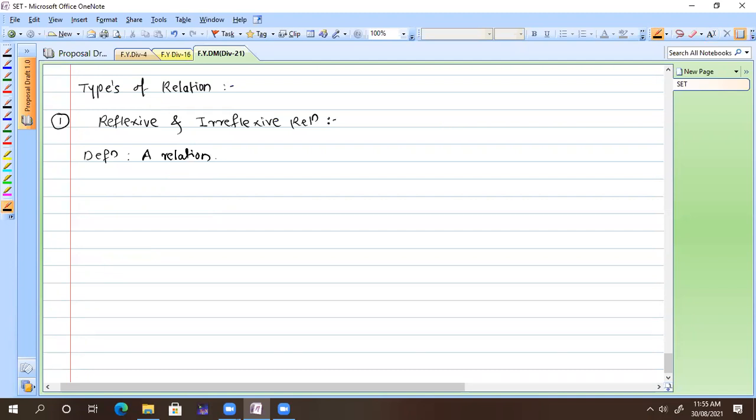We can define that a relation R on set A is reflexive if (a, a) belongs to that relation for all a belongs to capital set A. This is important, underline that word, for all.